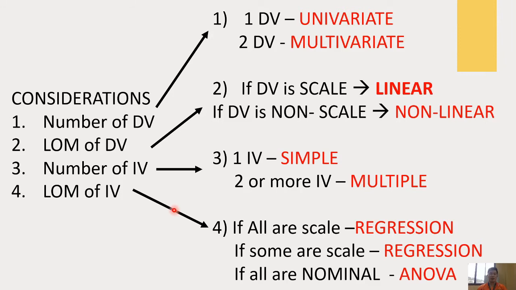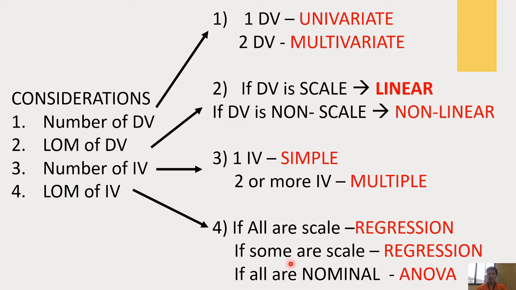In the case of the level of measurement of IV, if all are scale, which means all independent variables, variable 1, 2, and 3, are interval or ratio, then the type is regression.